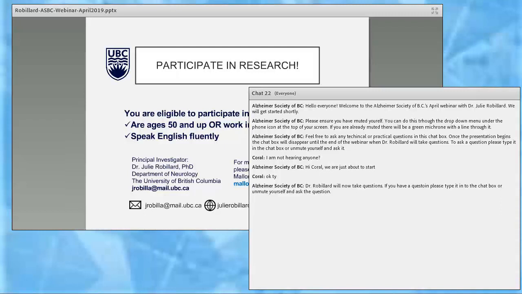If you have any questions, feel free to type them into the chat, or to unmute your line and ask them to the group if you prefer. I see some questions are coming in. While people are typing, if there's anybody who wants to ask a question to the group, you can unmute your line briefly and ask away.